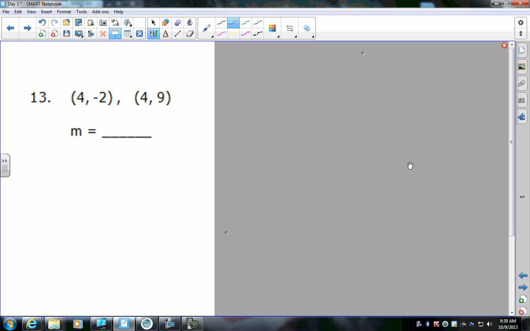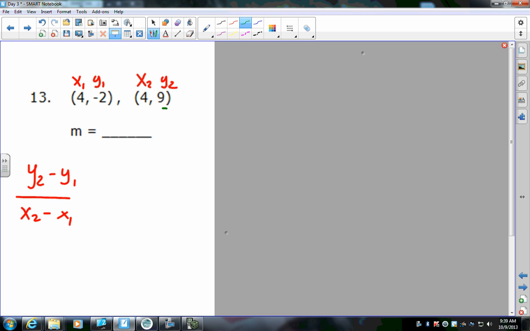Number 13, if we look at this, I'm going to label mine x1, y1, x2, y2 above your points. Please do that on yours. The formula, y2 minus y1 over x2 minus x1.